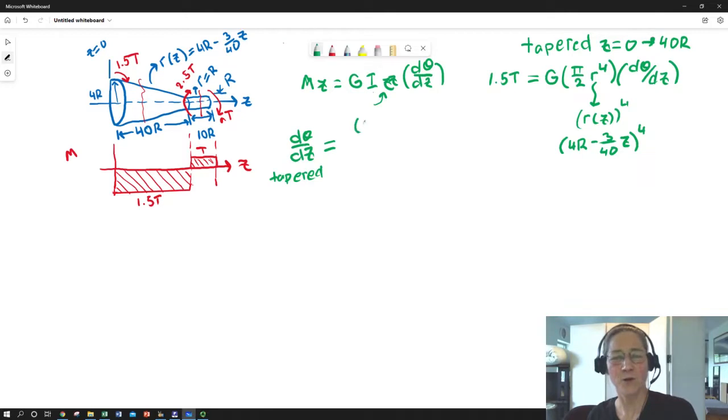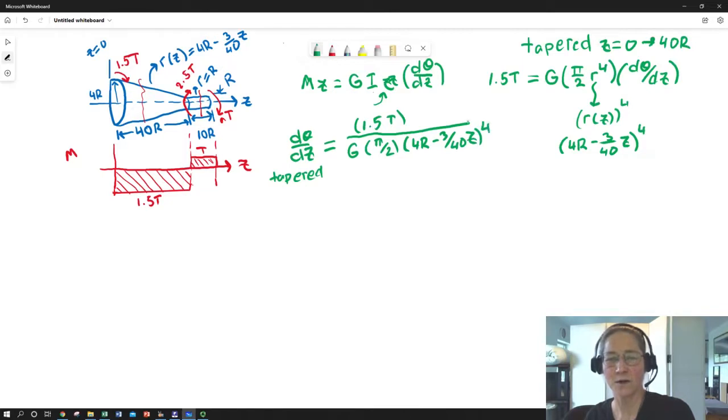I end up with my moment on the top, which I'm indexing to some variable t to scale. I've got my shear modulus on the bottom, a pi over 2 term, and then the taper profile, which again, we've said it could be anything. In this case, it's a linear function of z, but that whole term is raised to the 4th power.